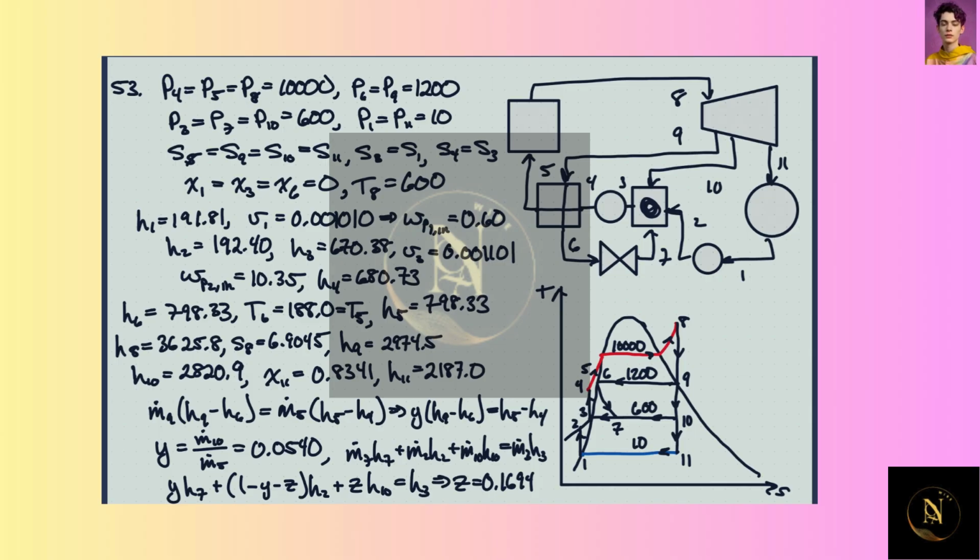This is, let's see here. This is a complicated problem. So let me see here. Y is 10. So this would be the feedwater heaters. This has to be 5 and 9. 9 and 5.